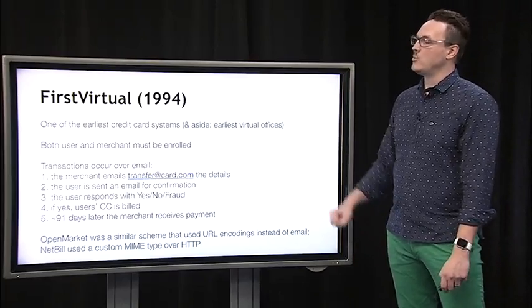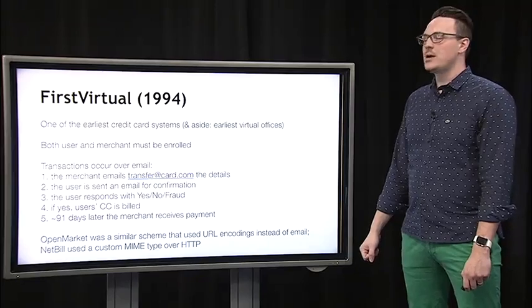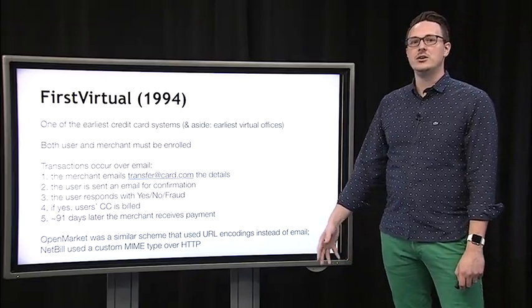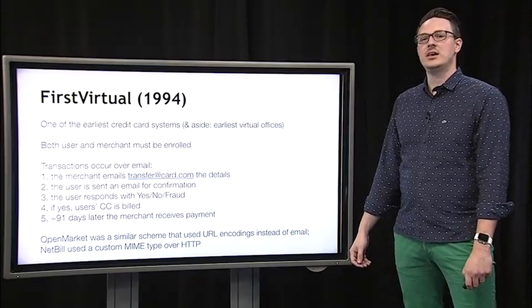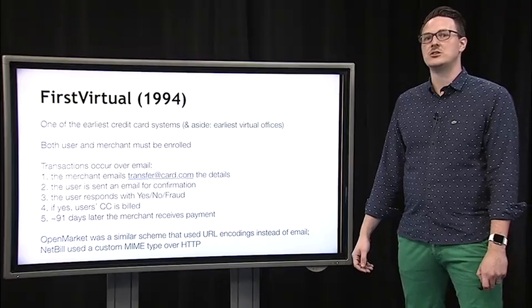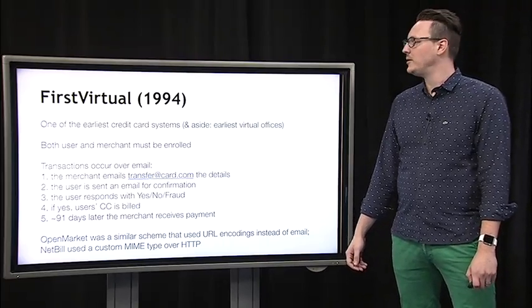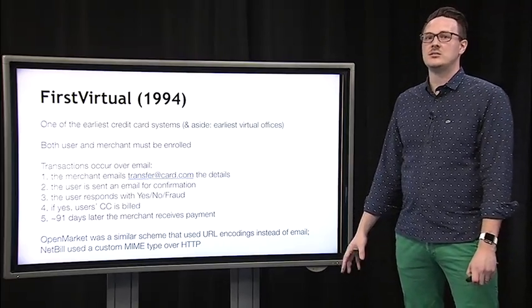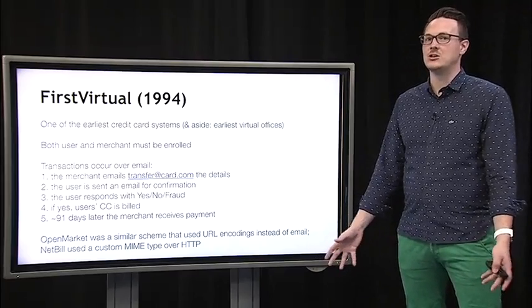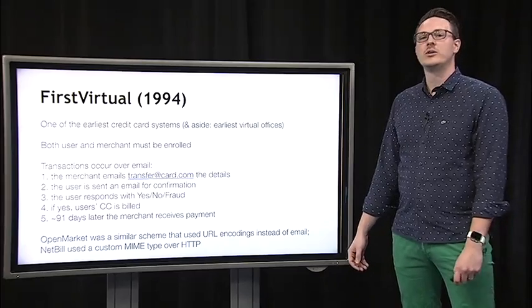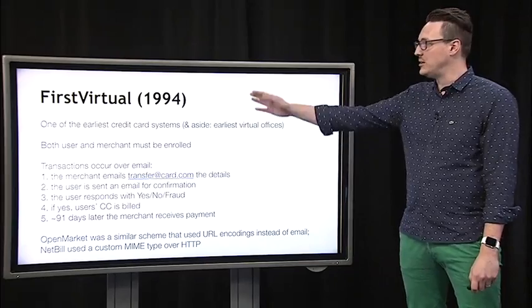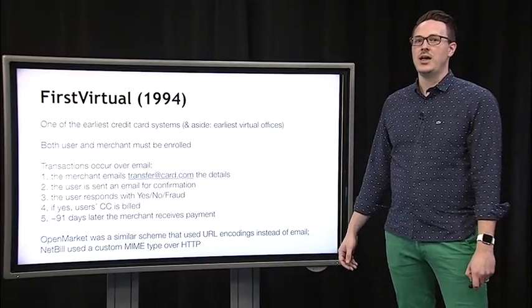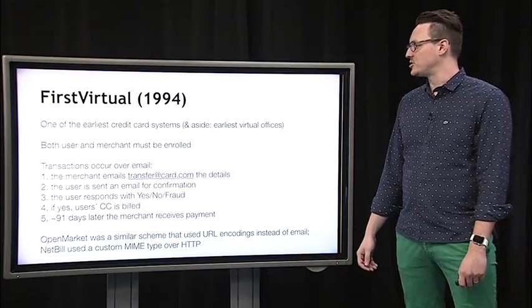But anyways, back to what they actually proposed. They proposed a system where both the user and the merchant sign up with First Virtual. They have an account, and then they conduct electronic payment transactions over email. The idea is that once you put something in your cart and you say, I'd like to check out, the merchant will send an email to transfer@card.com, which is an email address run by First Virtual, and it will have all the details of the transaction.